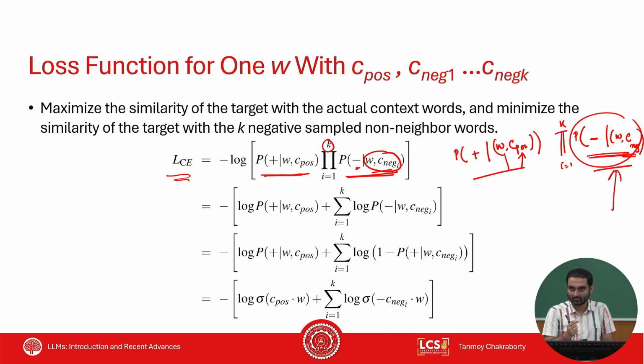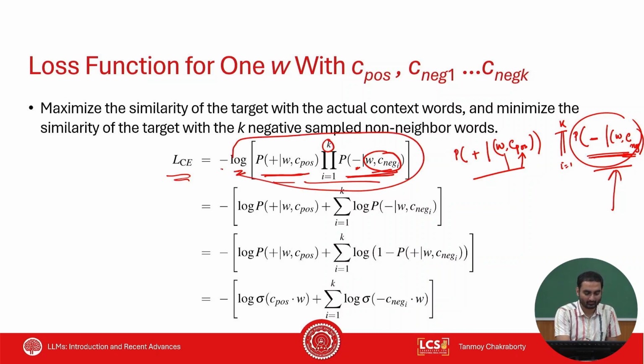Given a target word and a negative context word, what is the probability that this is a negative instance? Should I maximize or minimize? Maximize, right? I want to maximize this also. So I take the product, and the log of this. So this is the log likelihood, minus negative log likelihood. I want to minimize this.